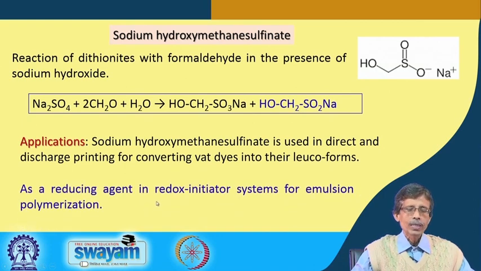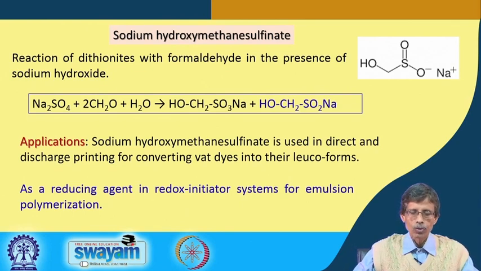It is also a reducing agent in redox initiator systems for emulsion polymerization. In a typical polymerization step, sometimes we can have an oxidation or a reduction, meaning electron transfer is taking place, and if the material is in emulsion, it is known as emulsion polymerization.